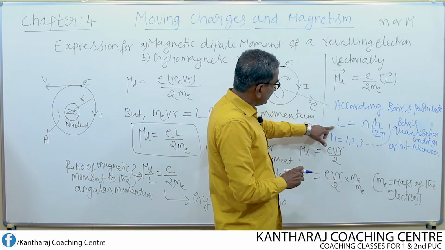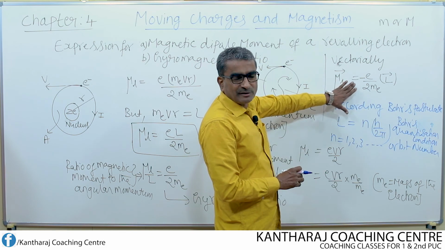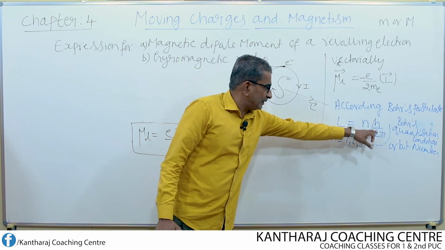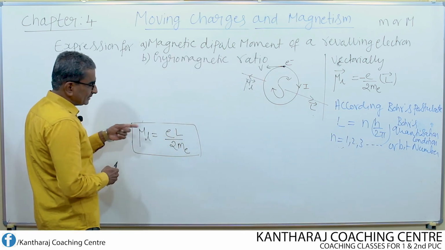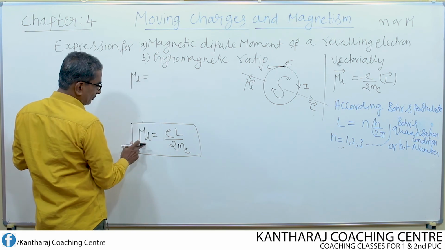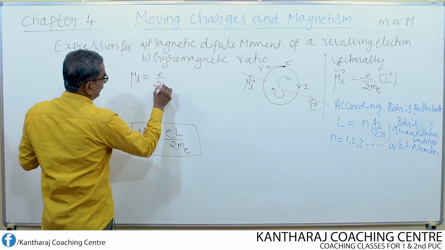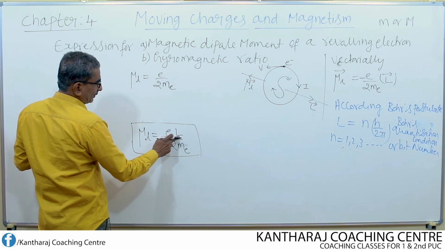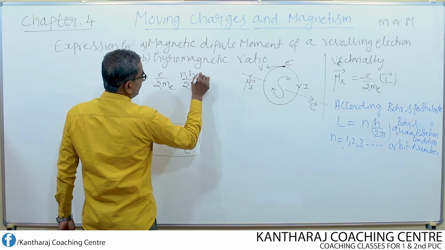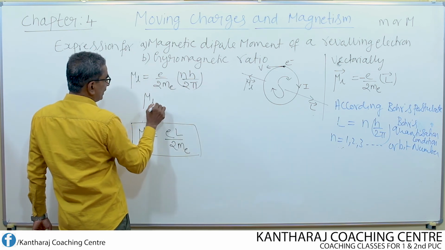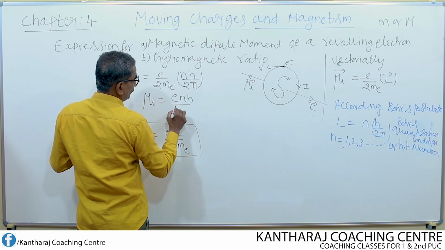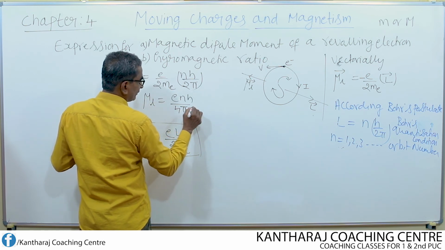Now if I substitute for L in this equation, what do we get? Substituting L equal to n into h over 2 pi, mu L is equal to E divided by 2 me, into L. For L I substitute n h divided by 2 pi, so mu L is equal to E into n into h over 2 into 2 pi me, that is, 4 pi me.